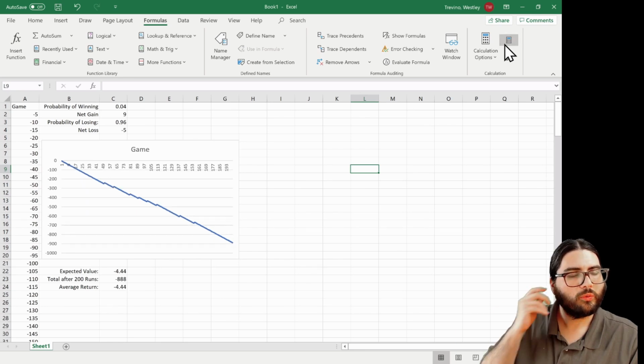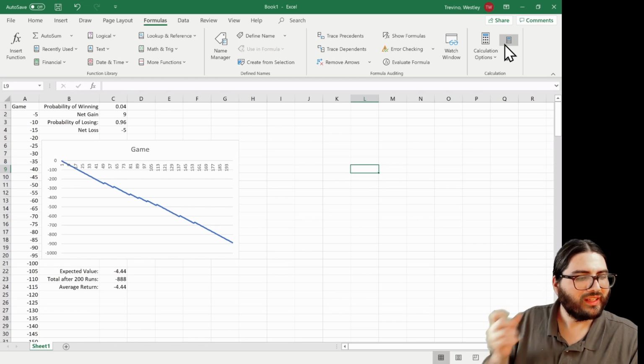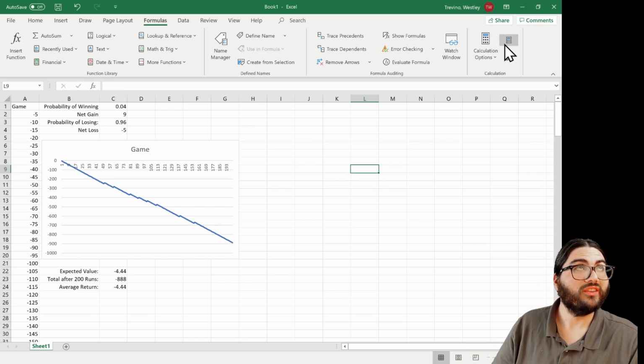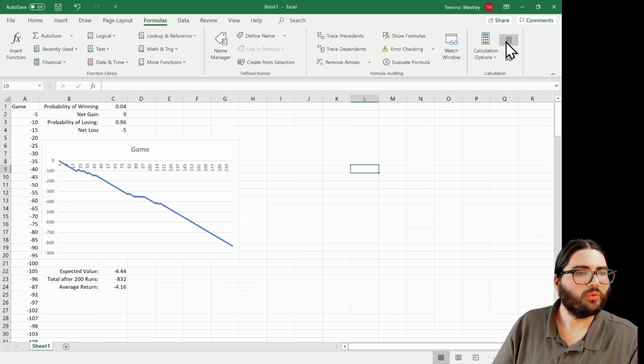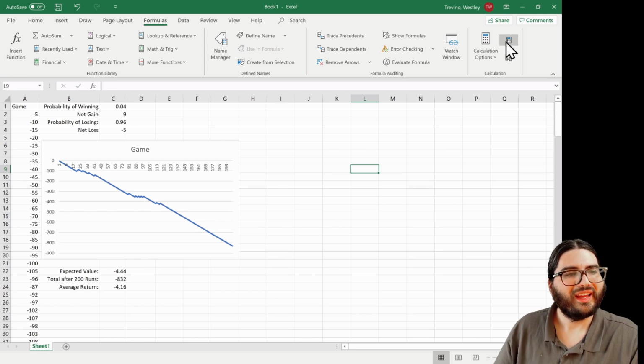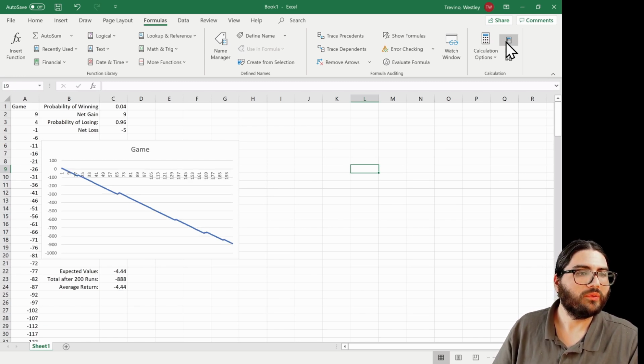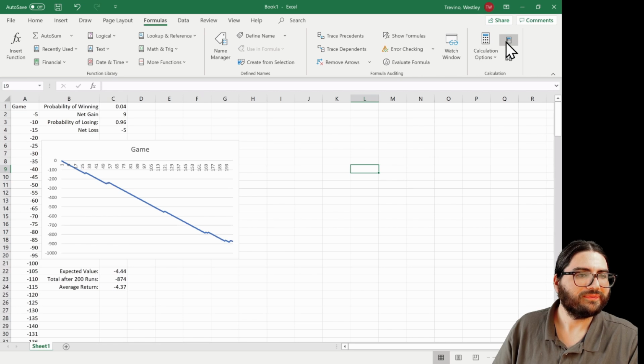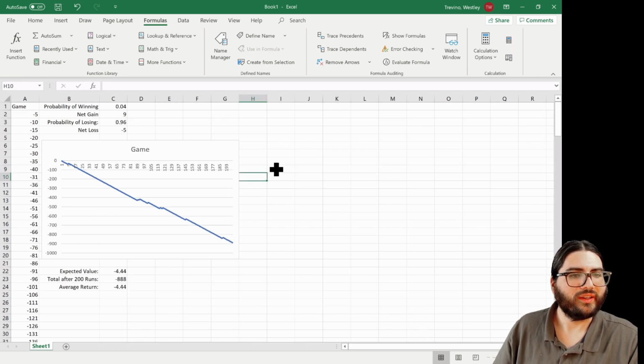Well, that would be 4% times 4%, which is 0.16%. That is 16 times out of 10,000 that I win the first 2 games in a row. There's another one where I won the first game, not the second. I'm not going to waste your time trying to click to find it because it's such an unlikely result.